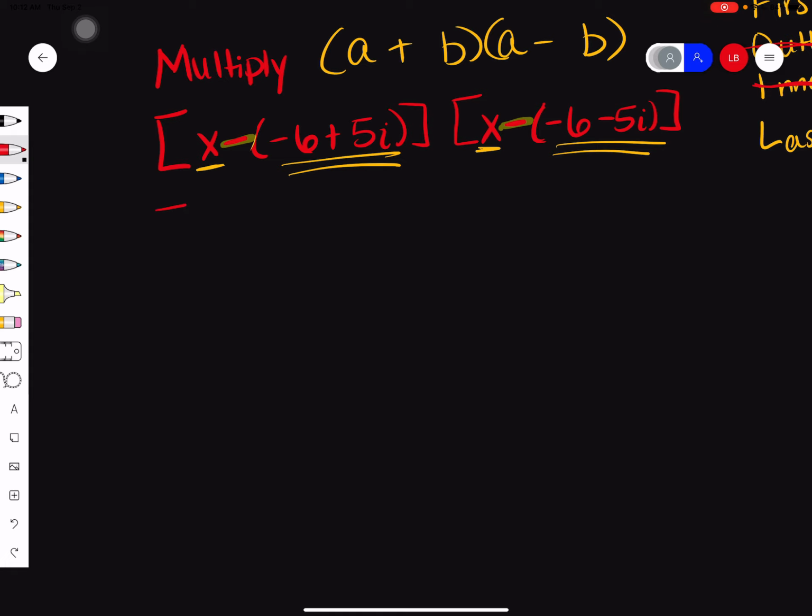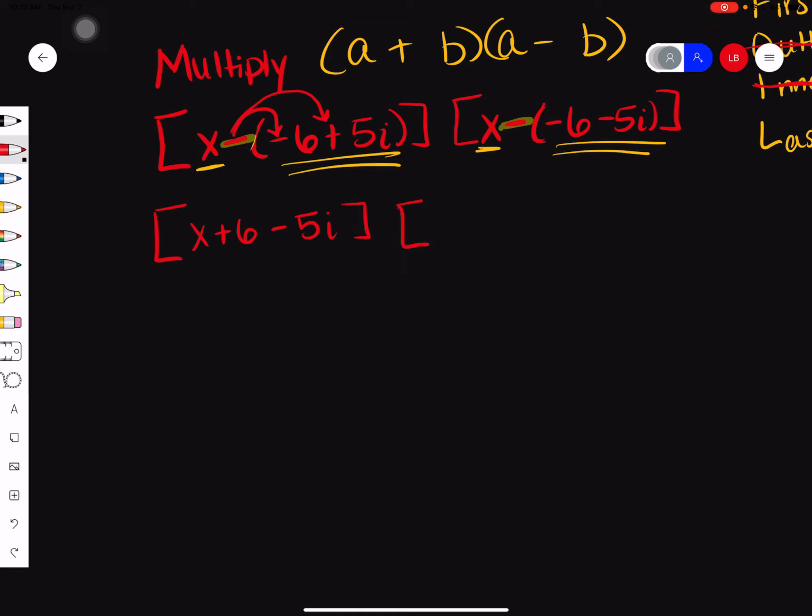Just follow me here. I'm going to leave my bracket and drop that x down. I multiply that negative times that negative, which gives me a positive, so that's plus 6. Then that negative times a positive gives me a negative, so that's minus 5i. I close my bracket.